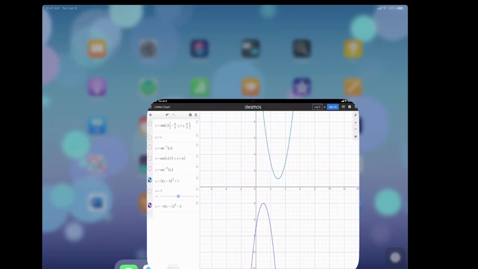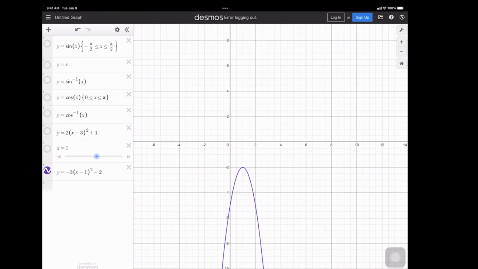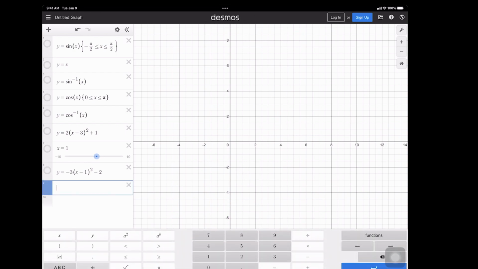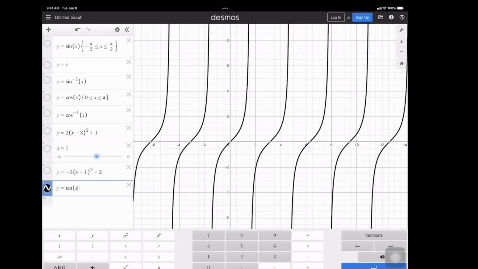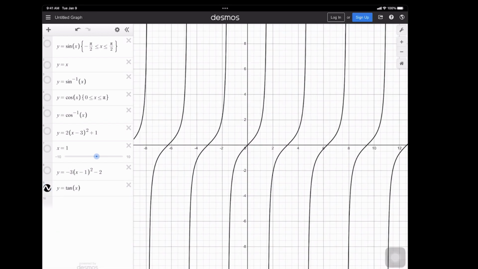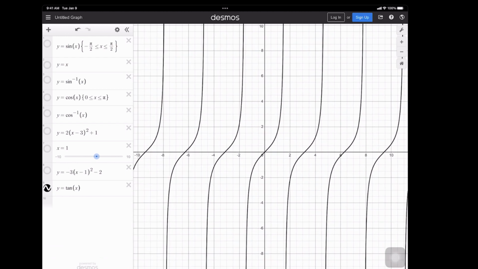Now, generally speaking, in Desmos, we're going to get rid of all of this. Here's tangent. Tangent is also periodic. It's a periodic function. What does periodic mean? It has a repeat pattern forever.